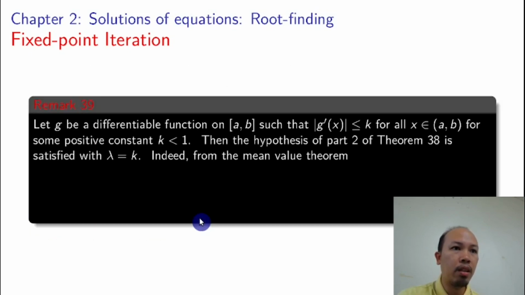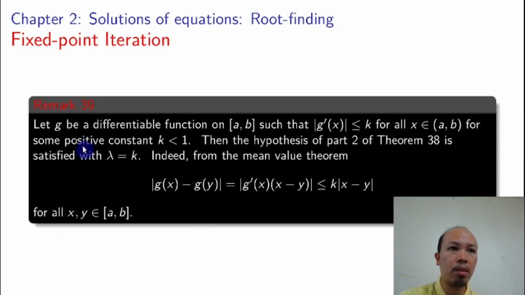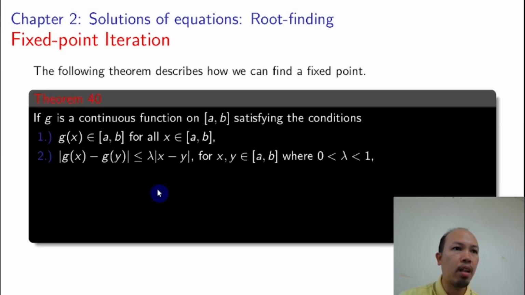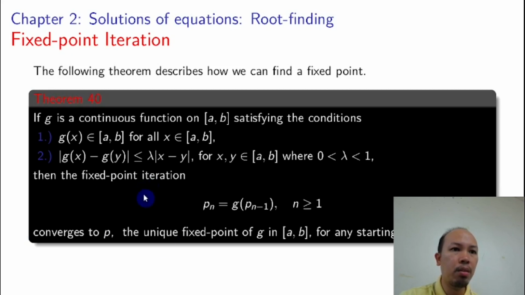We will go on now. This is much easier to prove, so we will skip that one. And for this one also, we will use this in the Python code for the fixed point iteration, theorem 40.